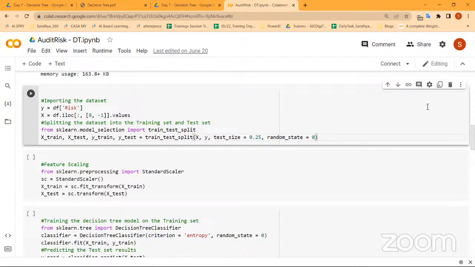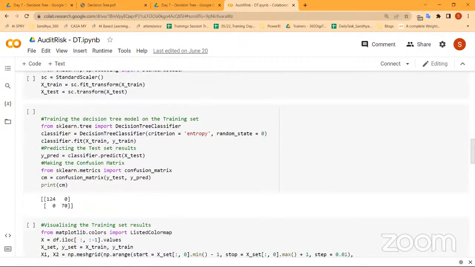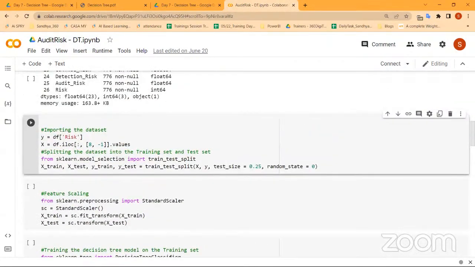And next comes our data processing, friends. As part of data processing, we have feature scaling, which is normalization or standardization. You might have come across these words, standardization and normalization. There is a slight difference, friends. Here we are trying to standardize our data, and of course normalization we can do as well.